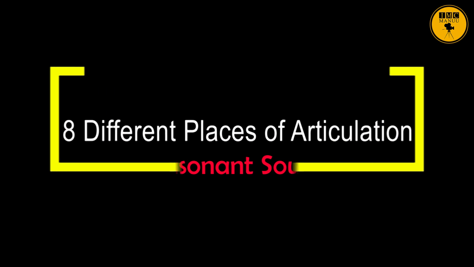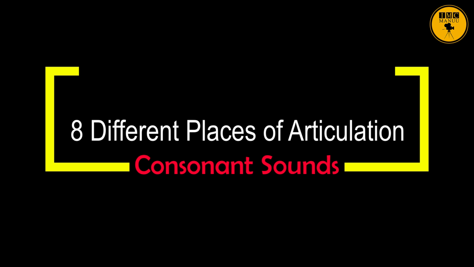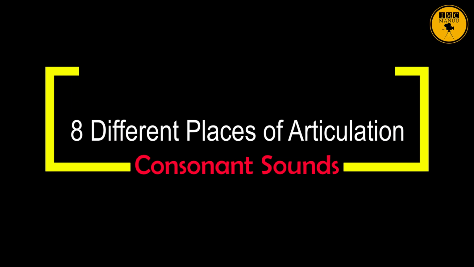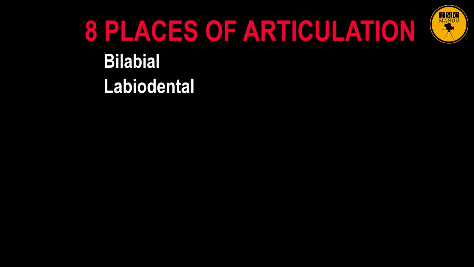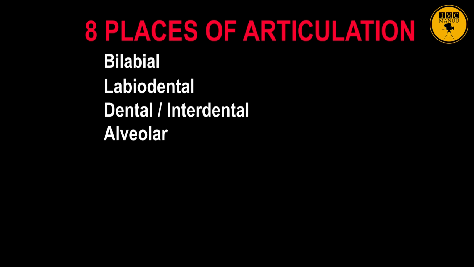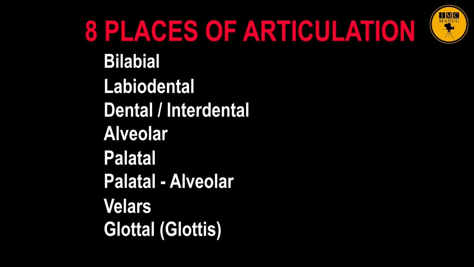Before we close this lesson, I would like you to quickly look at the 8 places of articulation. On your screen, you can see the 8 places of articulation being reflected. These 8 places of articulation that you need to learn are bilabial, labiodental, dental or interdental, alveolar, palatal, palato-alveolar, velar and glottal.